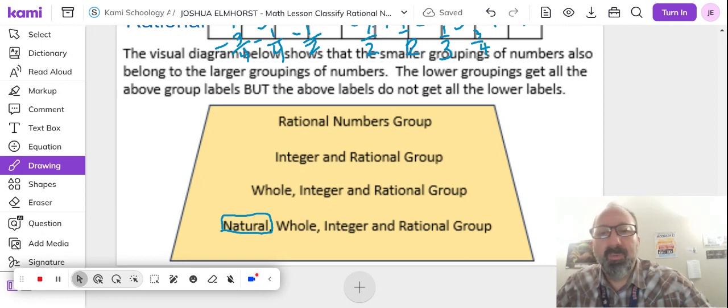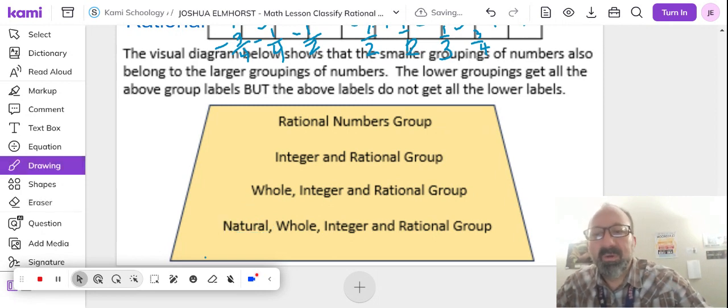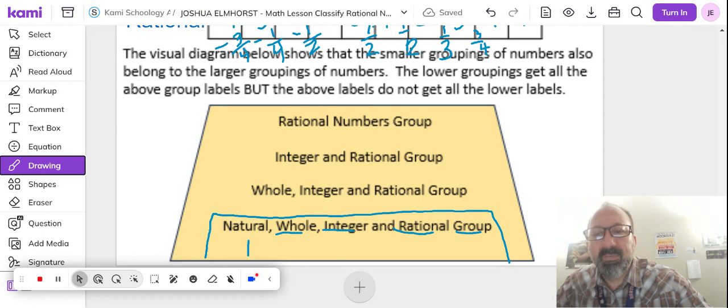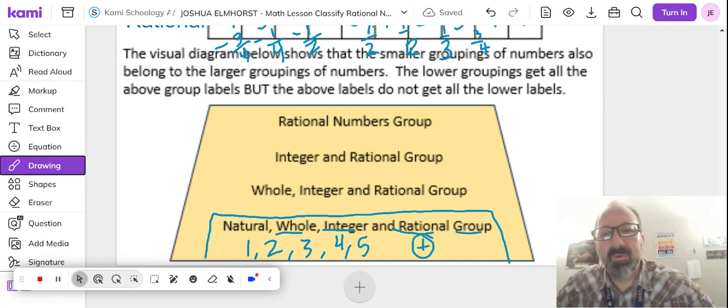I left them open, and then we're just going to close a part of the group down below, focusing on natural. But within this group, natural numbers are part of the larger groups up above. So for example, 1, 2, 3, 4, 5. So any positive number is part of the larger group.